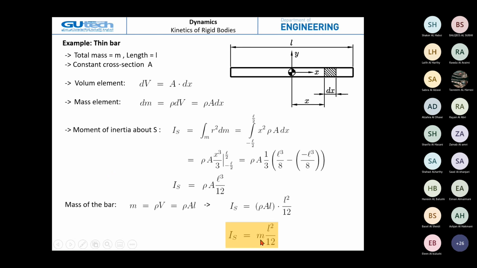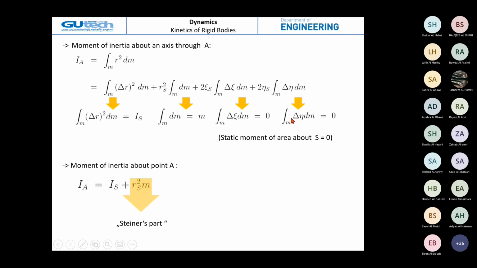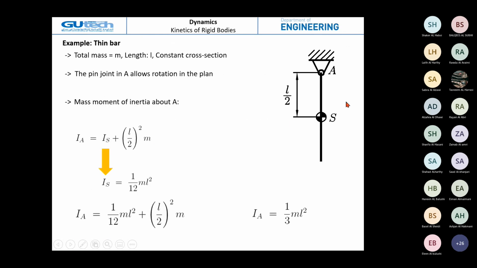We find Is is ml square divided by 12, and this geometrical problem comes to this case here. Now we replace Is by its value and we take the Steiner part.